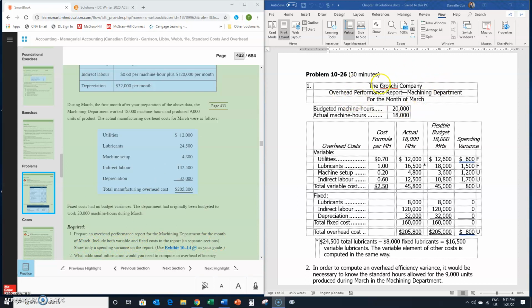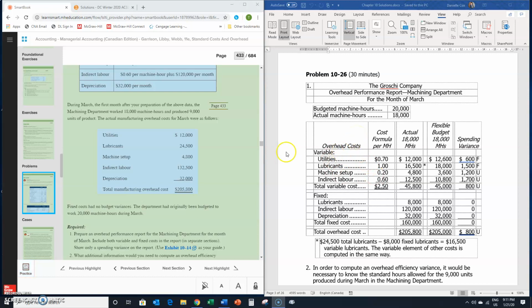So again, you put in your headings. Where budgeted machine hours were 20,000, actual machine hours were 18,000. So now we're going to fill in our report here, our performance report.